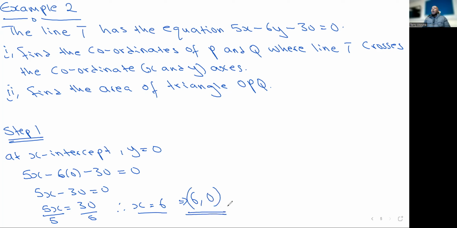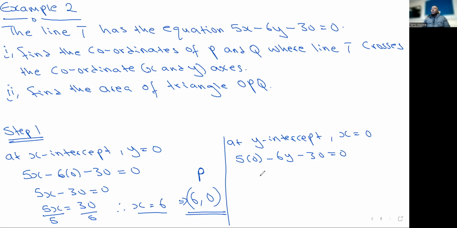So we can call this the point P that happened at x-intercept. So we can now find what happens at y-intercept. At y-intercept, x is going to be equal to what? 0. Anywhere you see x, you put 0, so minus 6y minus 30 is equal to 0.